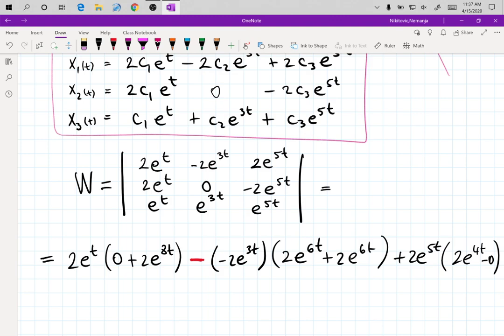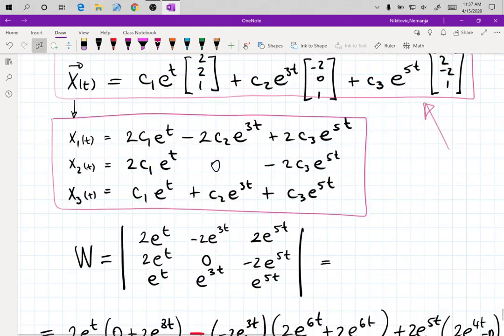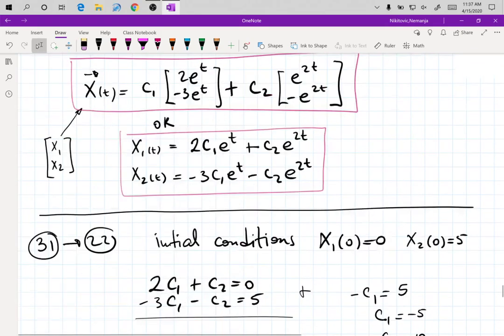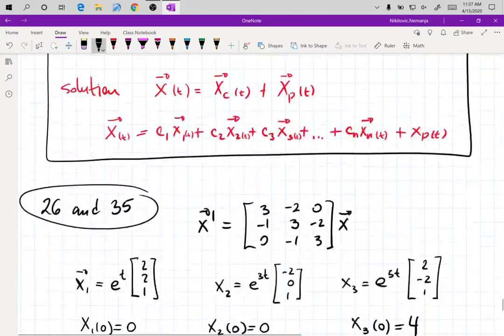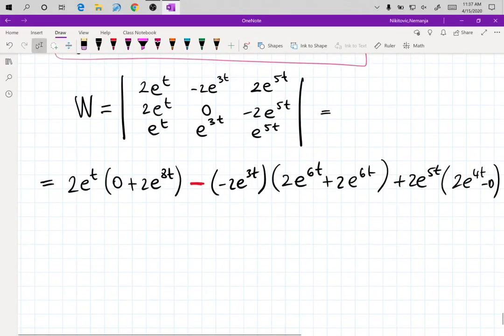All right, cool. So now, and I think I wrote it out somewhere in blue. There it is, right? As you can see, there are no derivatives in this definition here. All right. So now work this mess out. That's 2 times 2 is 4e to the 9t. This is going to be a plus now, and this distributes as 4e to the 9t.